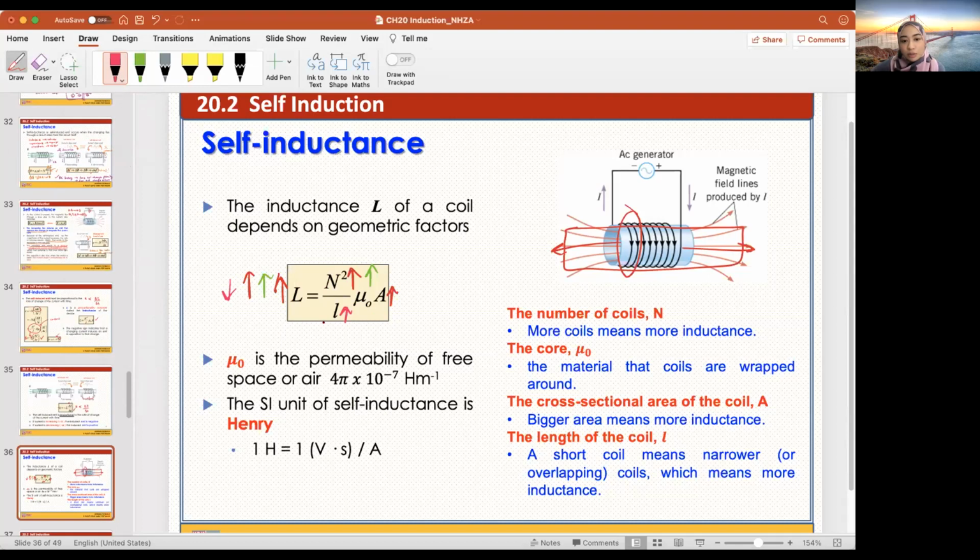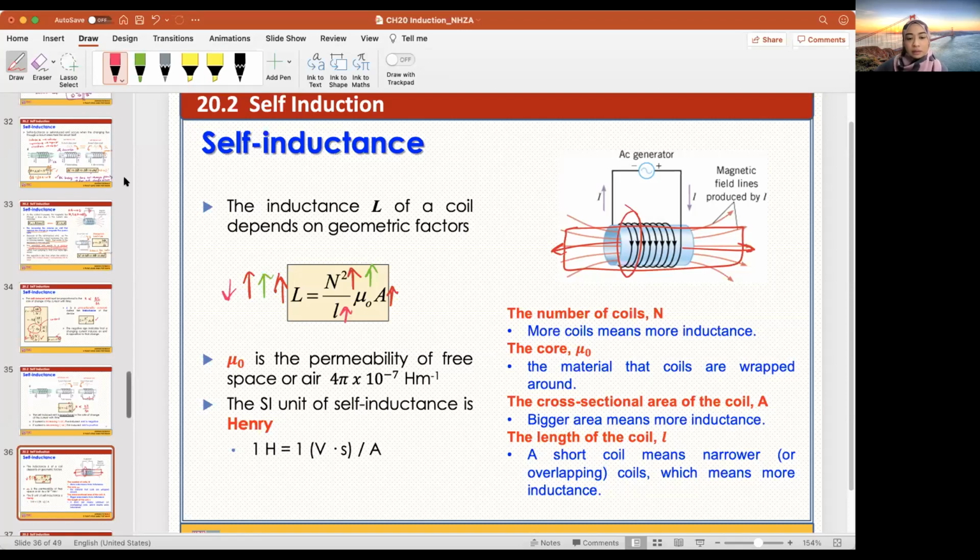You have N, you have L, you have mu naught, you have A. So you can say, I can increase the area of the coil. I can increase the number of coils. I can decrease the length of the conductor, or I can change the material that the coils are wrapped around with an iron or a copper or other conductors.